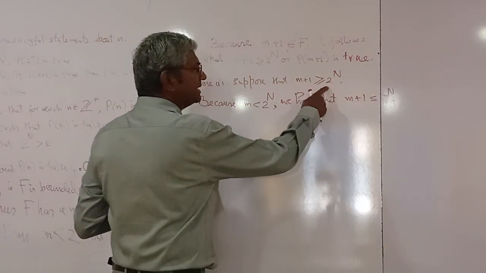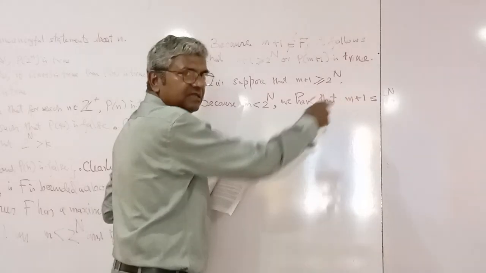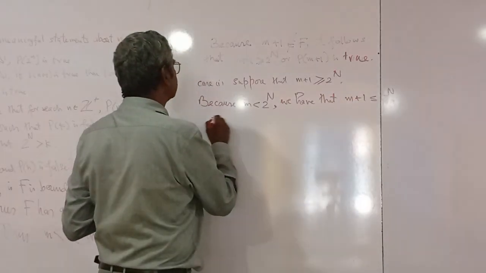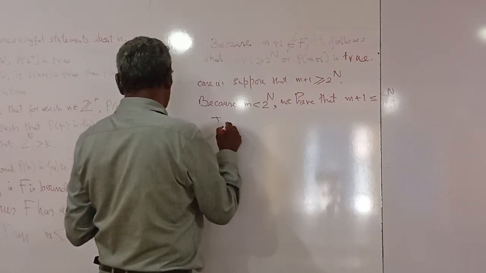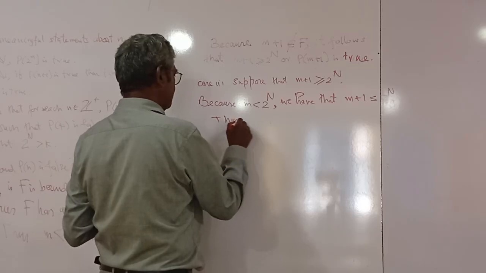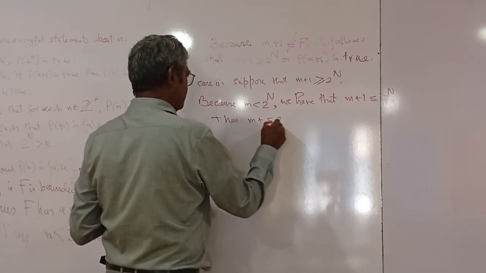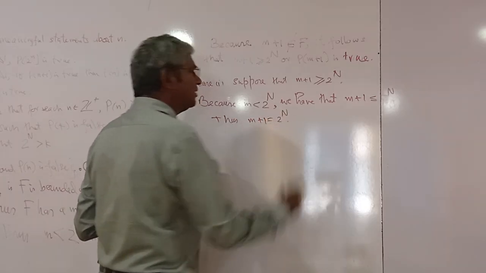Now m plus 1 is greater than or equal to 2 to the n, and less than or equal to 2 to the n, thus m plus 1 is equal to 2 to the n.